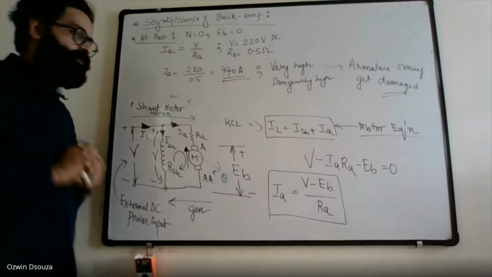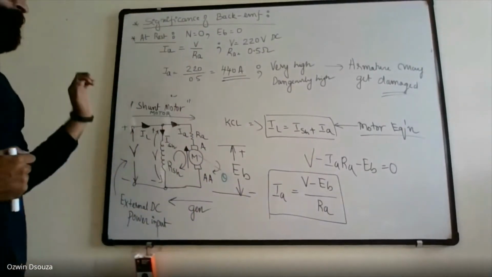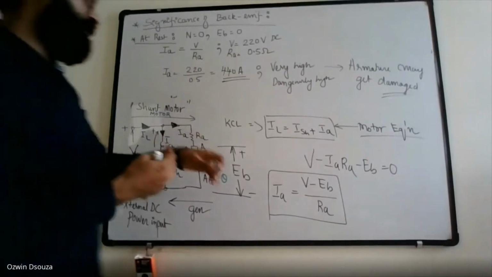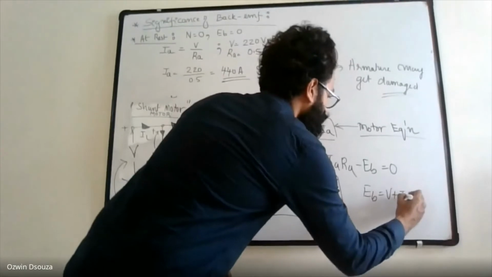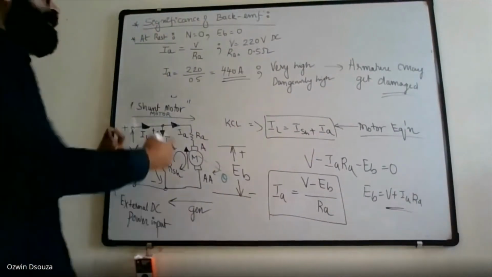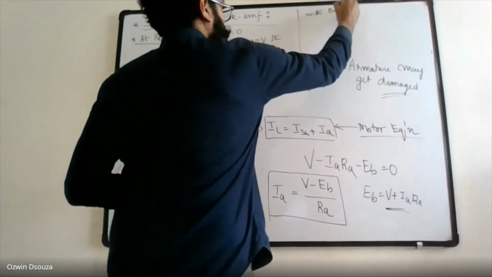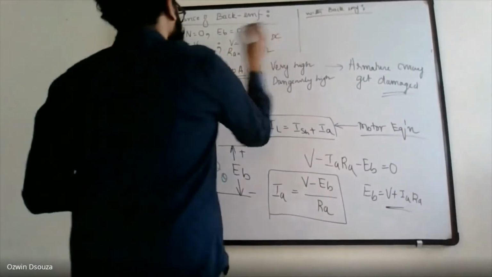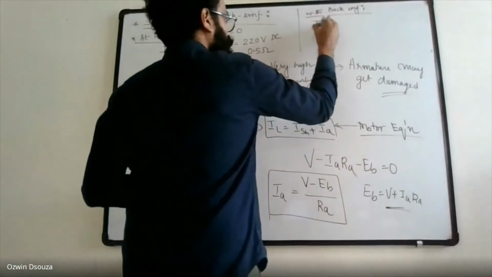So with back EMF, basically what happens is that you can see the back EMF relation, right? You can rearrange this equation. So you will get Eb is equal to V minus IaRa. With back EMF, what happens to armature current? Let us say this is Ia0, and with back EMF, let us say Ia1.